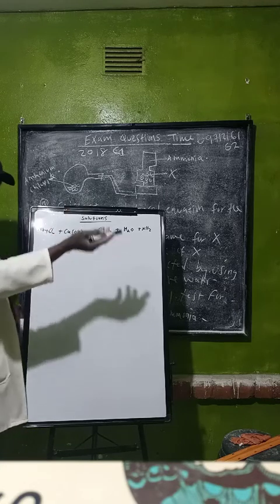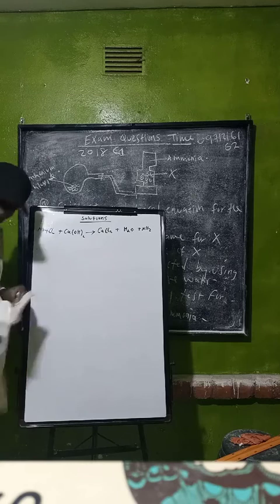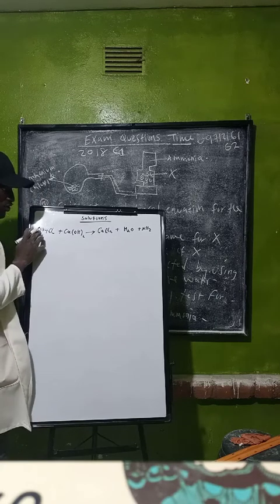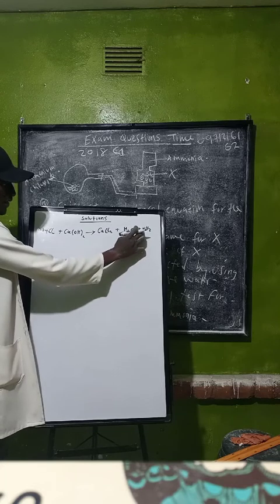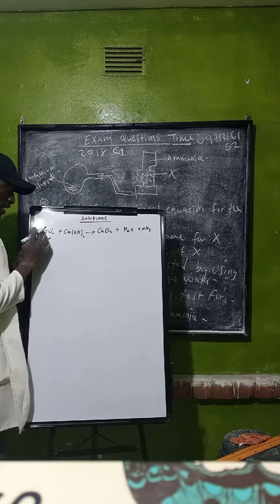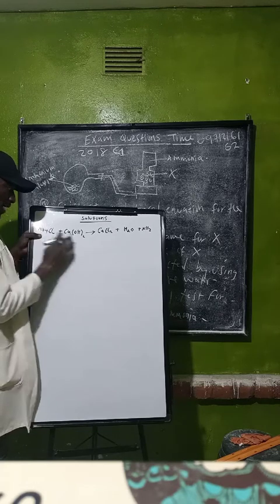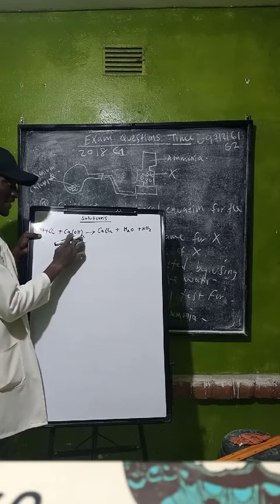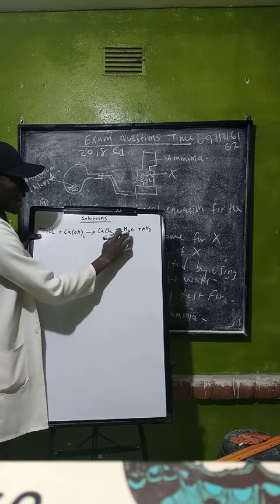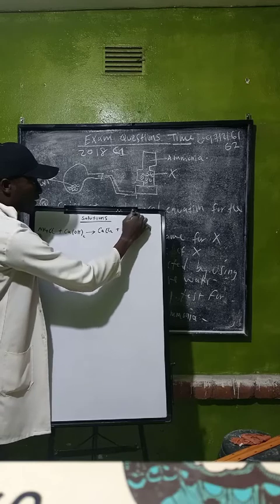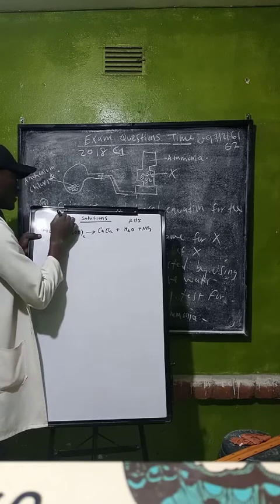So they want me to balance. Straightforward. The balancing part will be: I have 1 nitrogen and 1 nitrogen this side. Hydrogens, I have 4 plus these 2 in here, which gives me 6 on the left hand side.